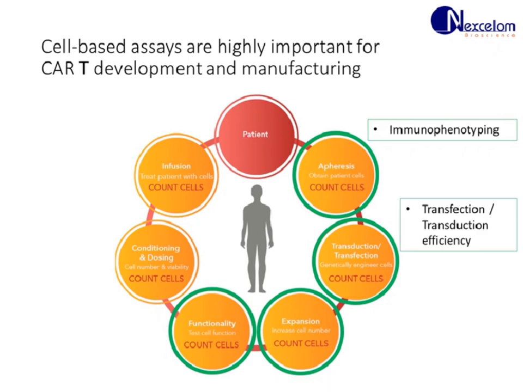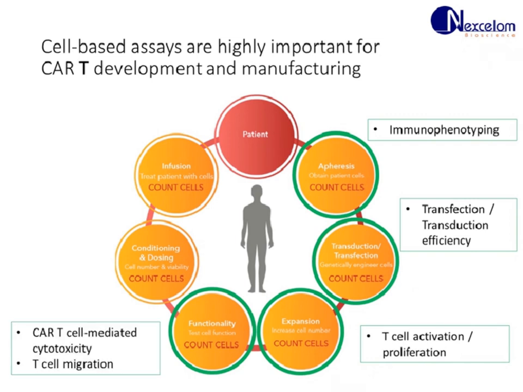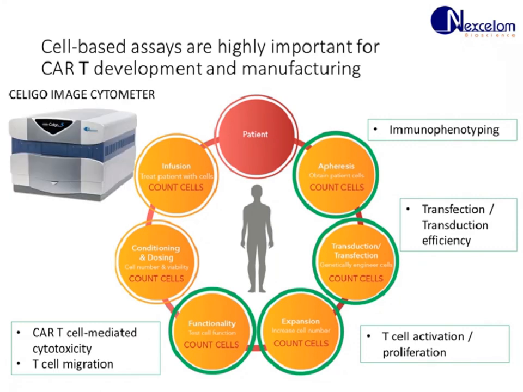You can look at transduction and transfection efficiency, T-cell activation and proliferation assay, as well as CAR T-cell mediated cytotoxicity or T-cell migration. So here I want to show an example of utilizing a plate-based image cytometer called the Cell-LIGO that can perform these types of functional testing on the cells directly in a plate.